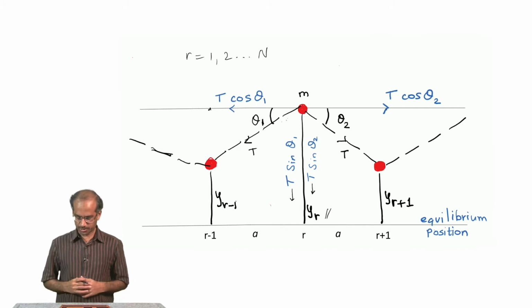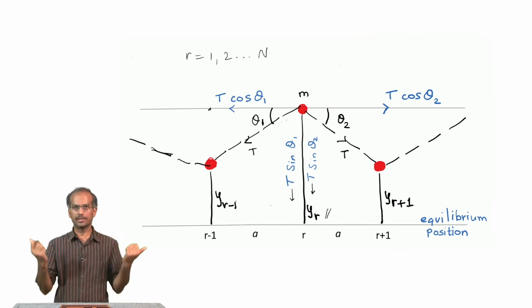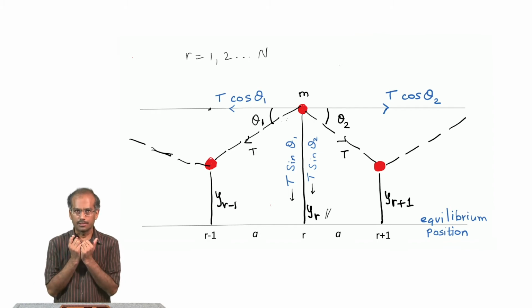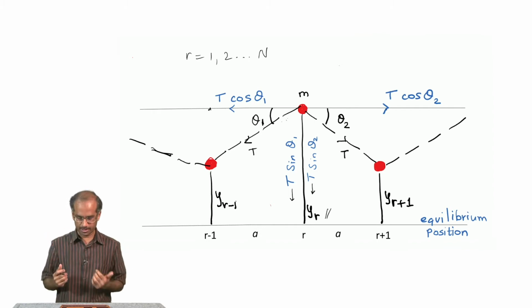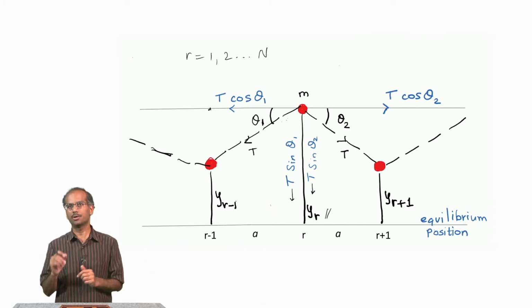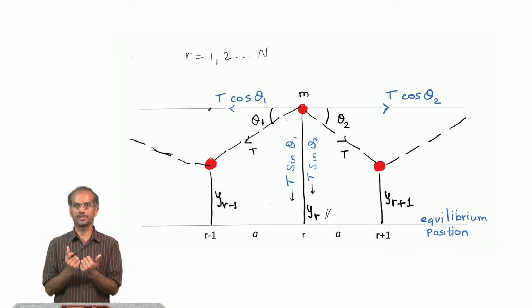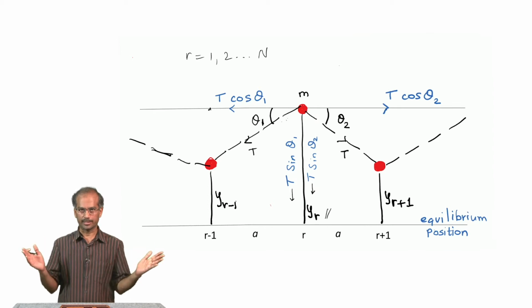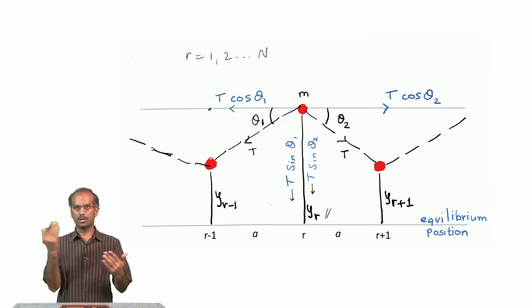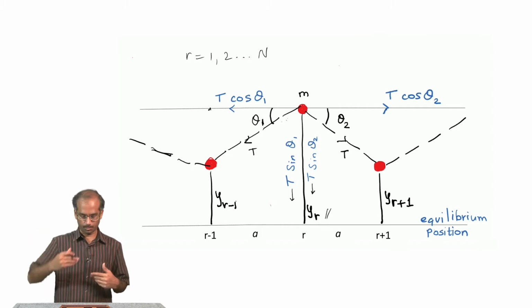What we did is to look at a particular configuration like this, and we realized that in the horizontal direction, the tension components, which are T cos theta 1 and T cos theta 2, in the limit, and this is very important, in the limit that theta 1 and theta 2 are very small, are equal and opposite in direction, and so they cancel out. So, there is no horizontal movement of these particles, only vertical movement.